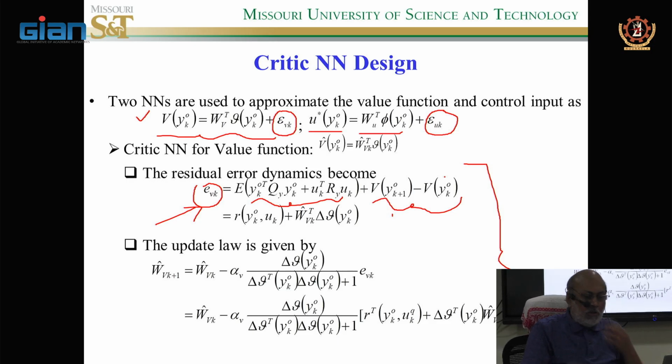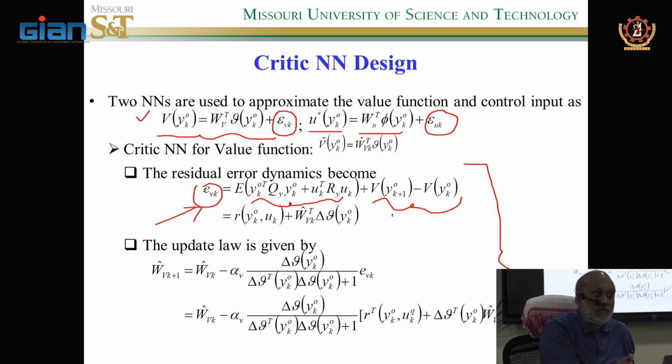This error is the Bellman error, or Hamiltonian, and ideally this error should be 0 when it becomes optimal. Got it? It has to be 0 when it becomes optimal. Remember the concept from high school math, when you are trying to find minima and maxima, you take the derivative equal to 0? The same thing.